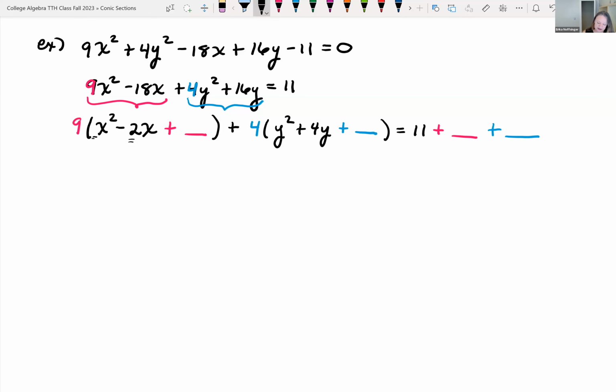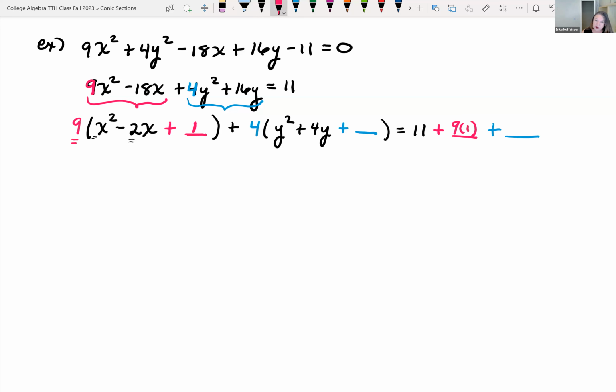Now we're going to square that number. So negative 1 times negative 1 is 1. But technically, on this side of the equation, I didn't add 1. I added this 9 times this 1, because that 9 would technically be distributed. So over here, I'm taking that 9 times the number I added inside the parentheses.